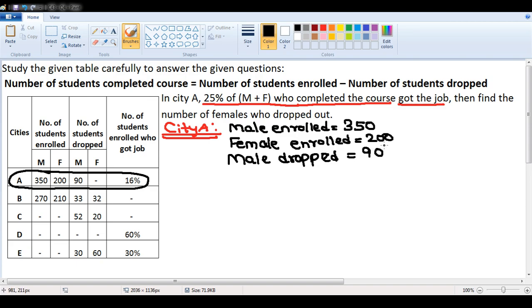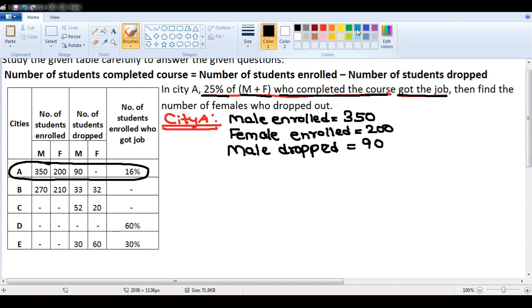These three are given. Now listen to this carefully. In city A, 25 percentage of male and female who completed the course got the job. Now what is 25 percentage? 25 percentage is 1 by 4. What is the meaning of 1 by 4? 1 by 4 who completed the course got the job.